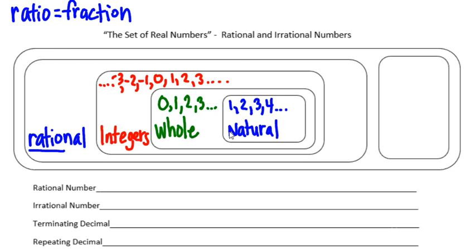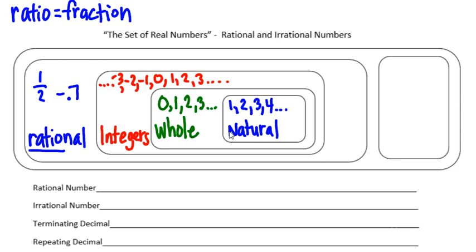But notice that all the integers are also rational. And all the whole numbers are also integers and rational. And all the natural numbers are also whole and integers and rational. So some examples of rational numbers: 1/2, -0.7. Let's see, repeating decimals are rational.